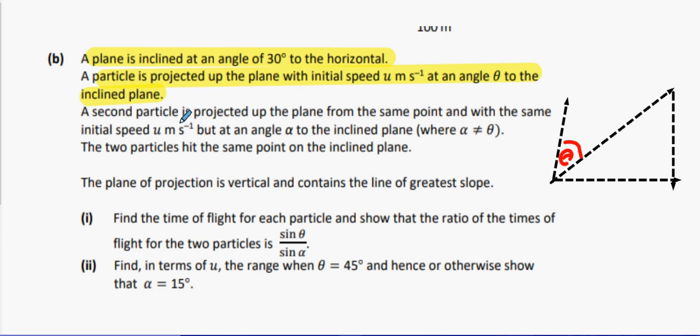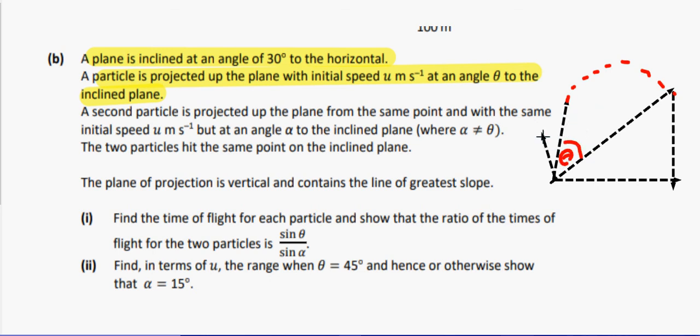Oh, now it's not standard. A second particle is projected up the plane from the same point with the same initial speed, but at an angle alpha to the inclined plane. The first one goes like this and comes down. The second one, we don't know if it's more obtuse or more acute. We haven't got a clue.